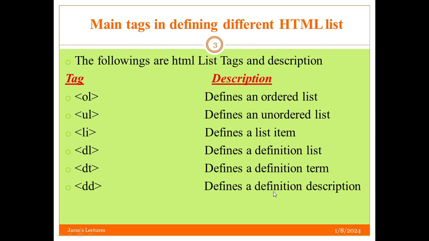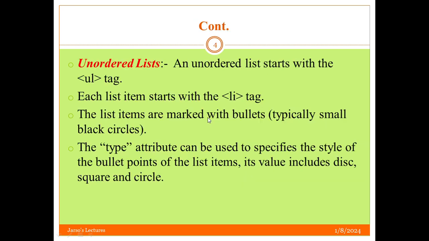DD tag to define a definition description. Actually, OL means ordered list, UL unordered list, LI list item, DL definition list, DT definition term, and DD definition description. Those are the commonly used tags to define an HTML list.